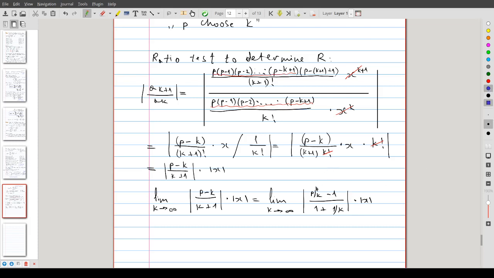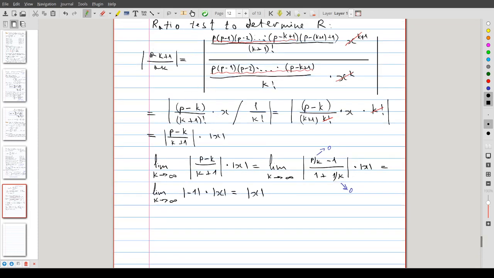Of course, this goes to 0 and this goes to 0 as well. And I have minus 1 divided by 1 under the absolute value. Because of the absolute value, I end up with 1. And then it is multiplied by absolute value of x, which is independent of k. And so this finally is just equal to absolute value of x.